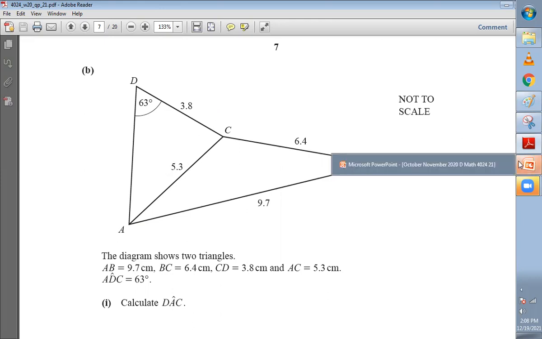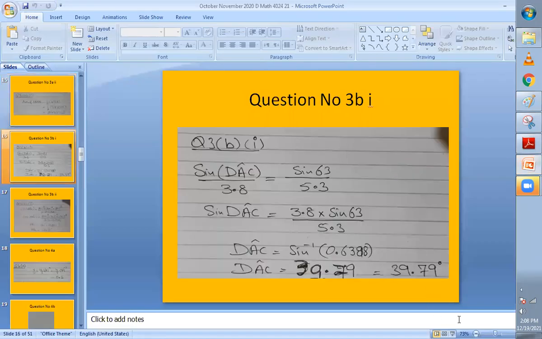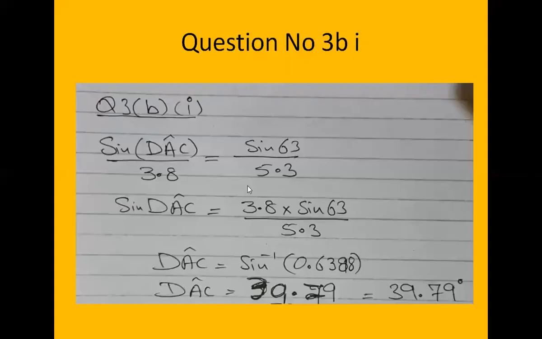If you remember the law of sine, let me show you. Sine of the angle DAC divided by the side opposite to that angle, 3.8, is equal to sine 63 divided by the side opposite to this angle, that is 5.3. So sine DAC will be equal to 3.8 into sine 63 divided by 5.3.